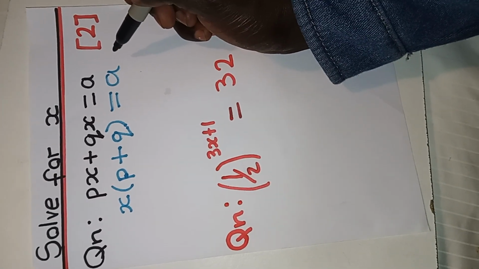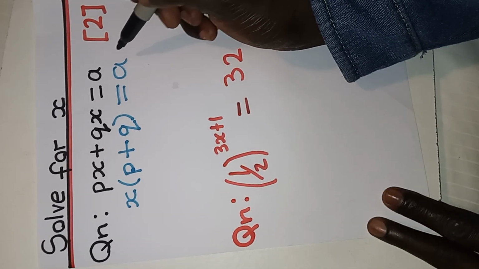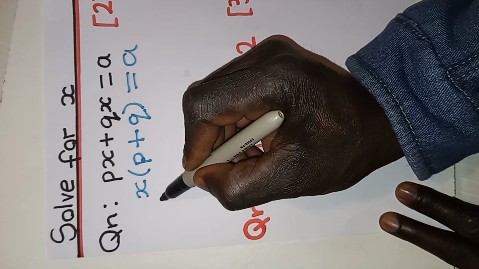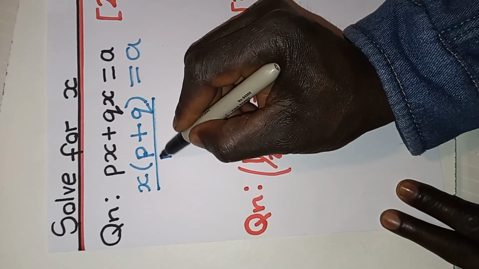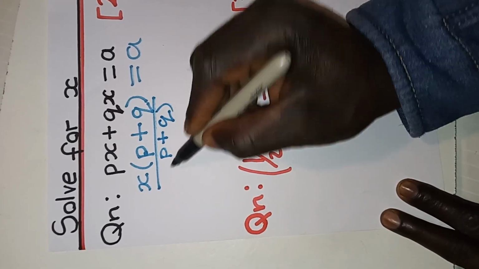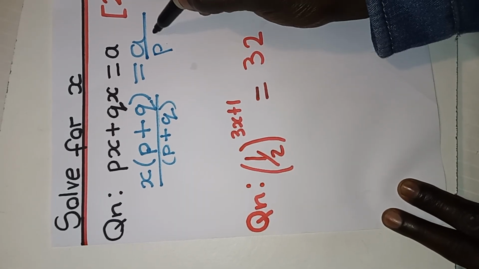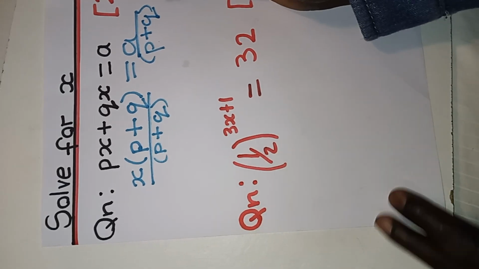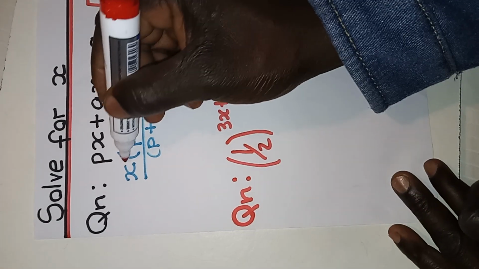In this case, it's clear now. We want to leave x on its own. Since x is multiplying this part in brackets, we can divide by the part in brackets, which is p plus q, and likewise we have to do it on the other side. Now you can see clearly this part will cancel out.